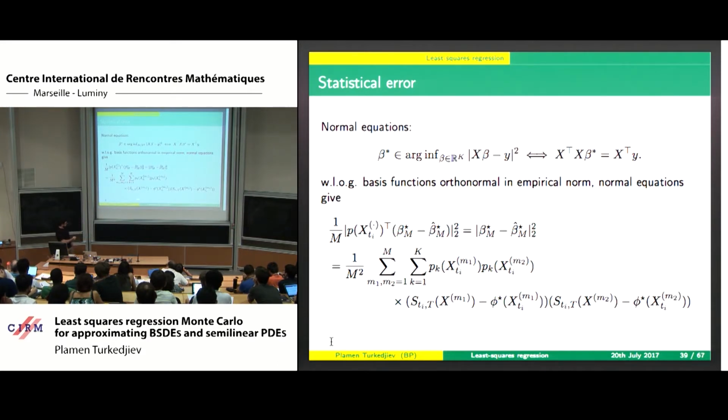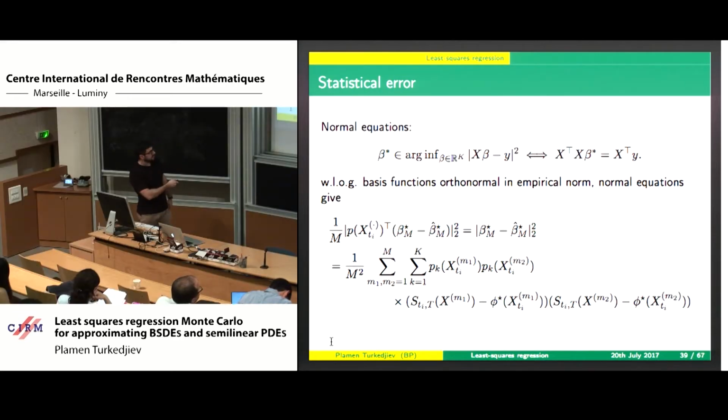But this is the key thing to notice. We know that phi star is the conditional expectation of S. That was the very first thing we said. So in fact, because all of our samples are independent, what we have here is the difference between S and phi star multiplied by the difference of S and phi star, but for a different sample.